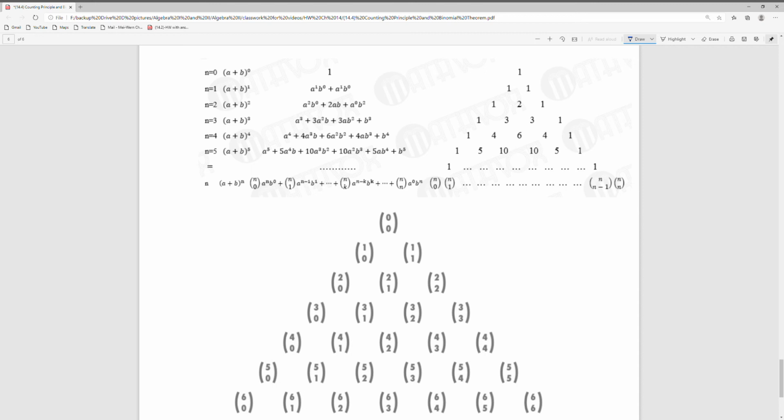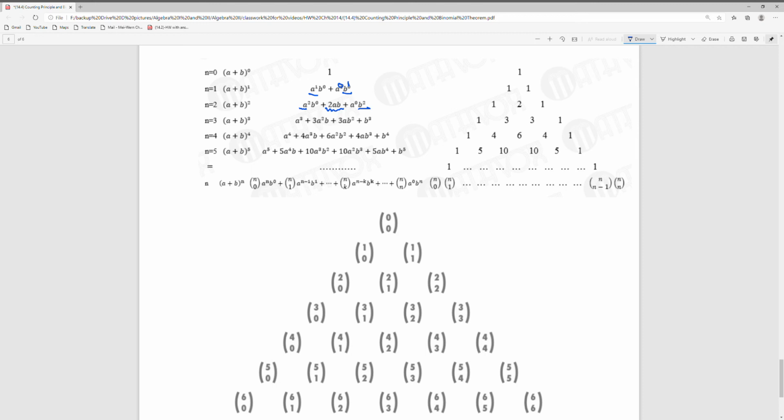1 degree is a plus b, obvious, right? I think they wrote something wrong there. Okay, so it's a plus b. And then a plus b squared, we memorized the formula before: a squared plus b squared plus 2ab.